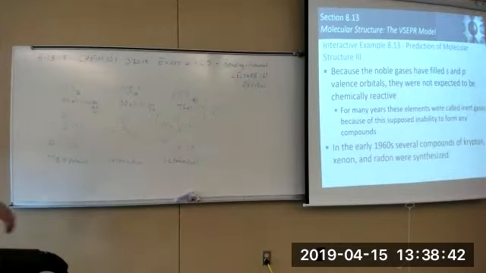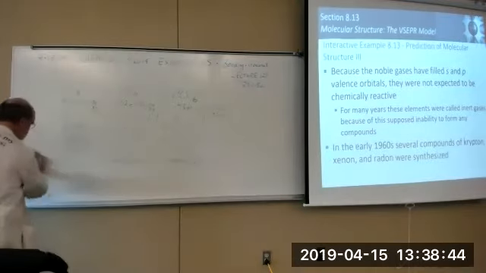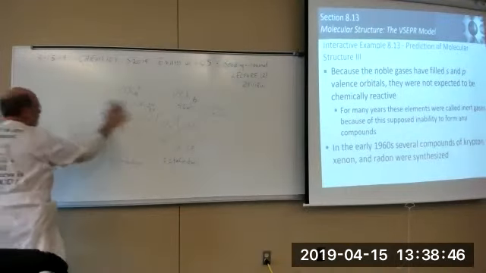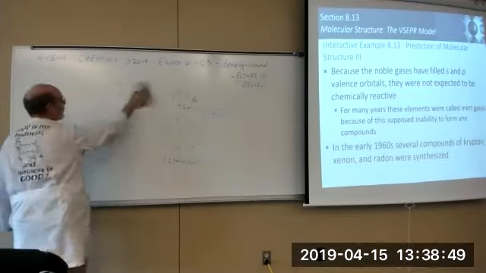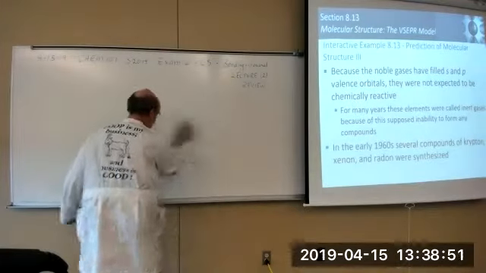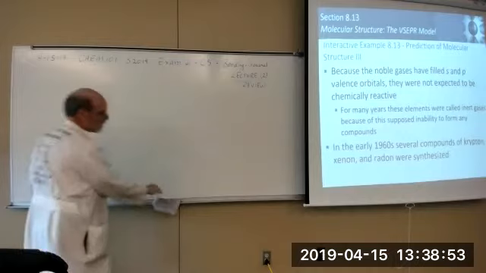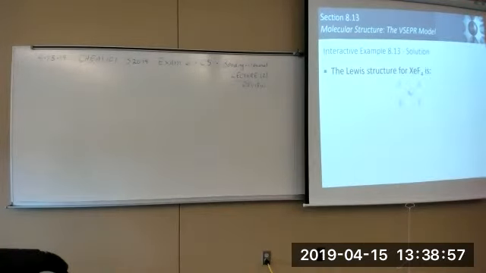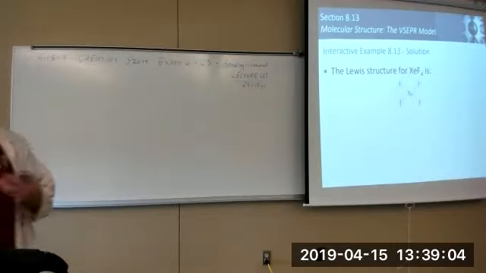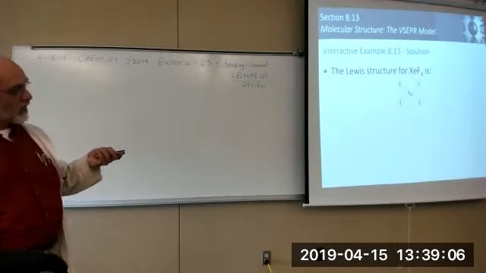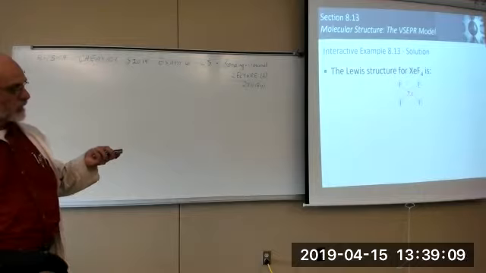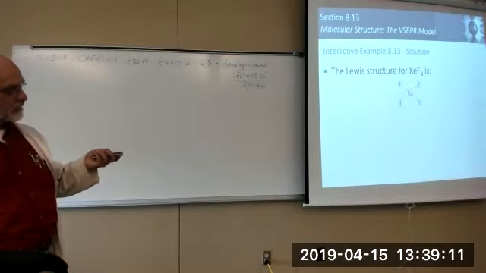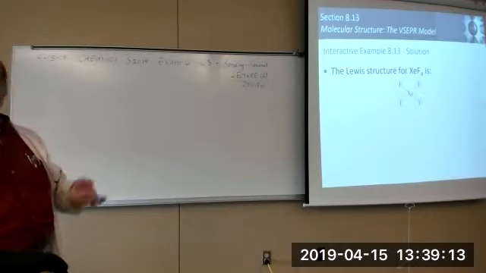Okay, I got 5 minutes. For this one, an example of a compound made with a noble gas. Xenon tetrafluoride. They've been kind enough to draw the Lewis dot structure for us. That gives xenon 2 lone pairs plus an octet, 2, 4, 6, 8 in the bonds, right?